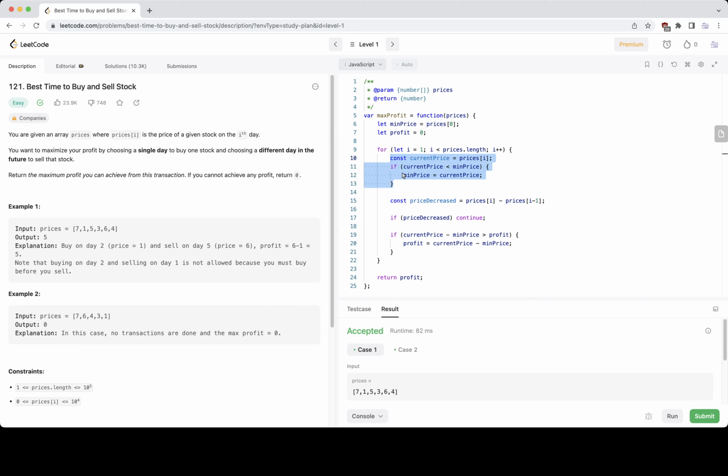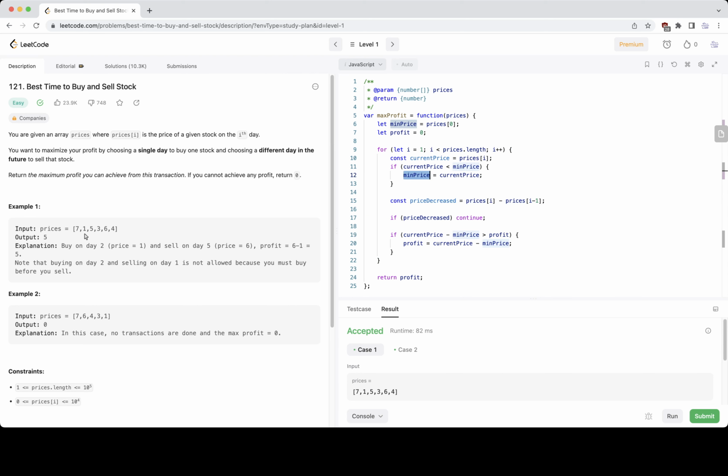Now, what's happening up here? Well, the idea is that if there was an opportunity to buy at a lower price, so let's say we decide we're selling on day 3, we're selling at 5, right? We could have bought at 7 or we could have bought at 1. If we want to maximize profit, then we would have bought at 1, because it's the minimum price.